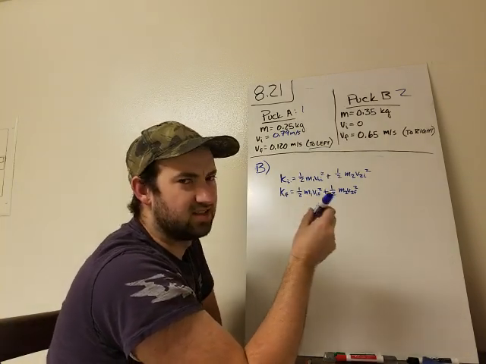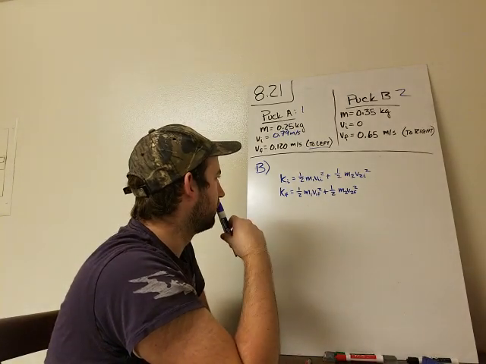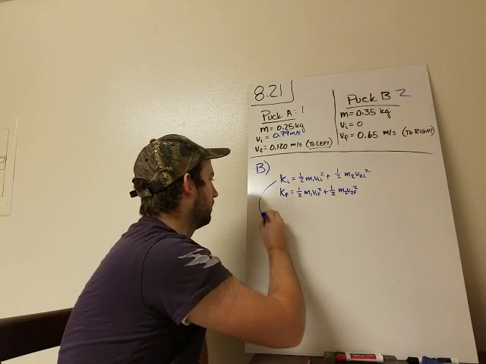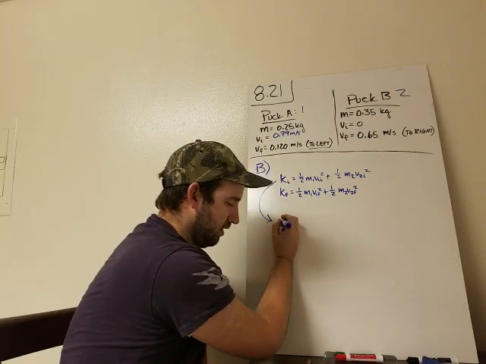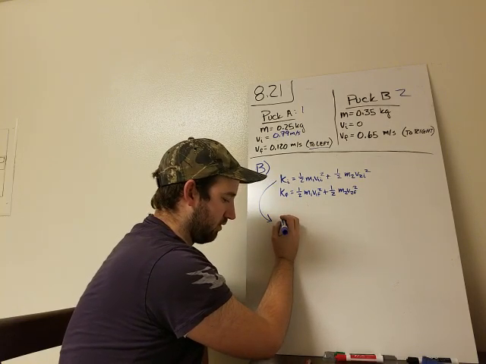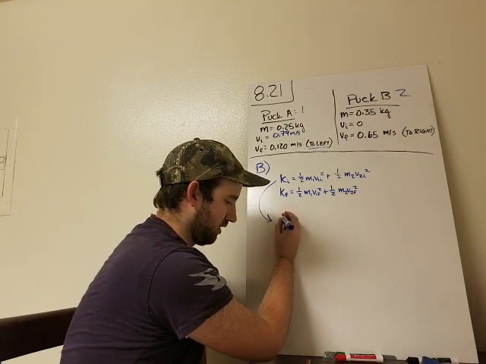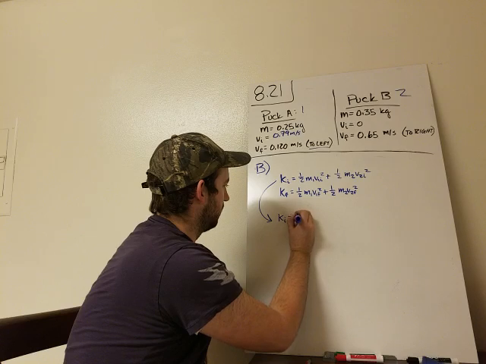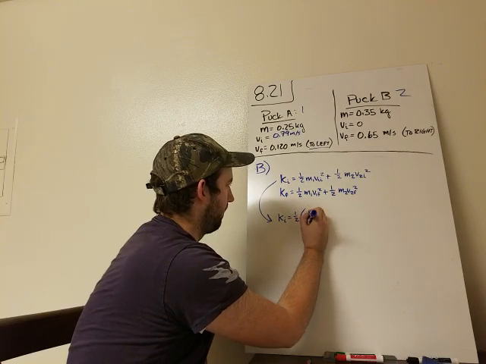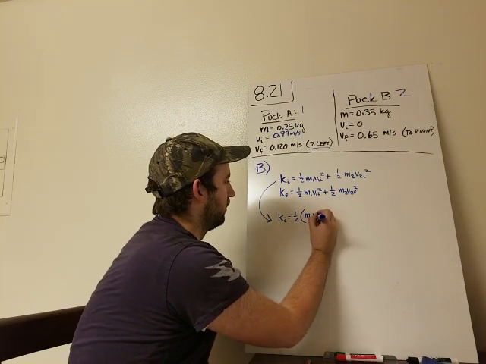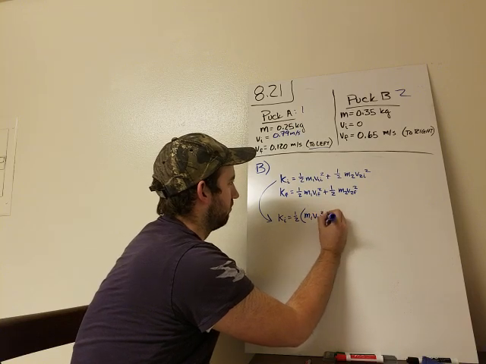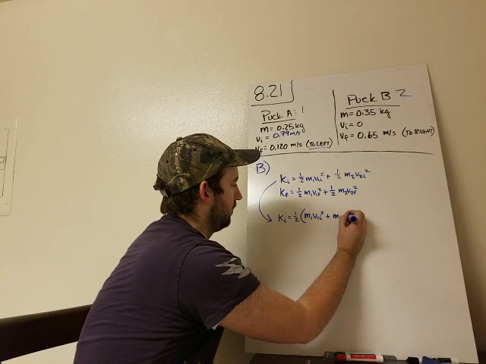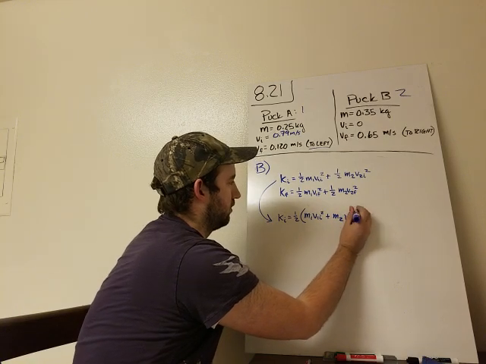Now that we have these written out, first of all, we can condense it a little bit to get it easier to work with. Like the initial, we can pull out the half, and so we get Ki equals 1/2 (m1v1i squared plus m2v2i squared).